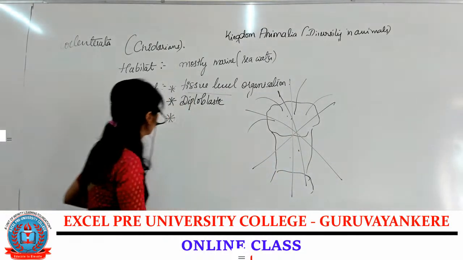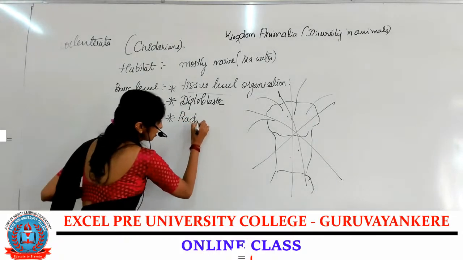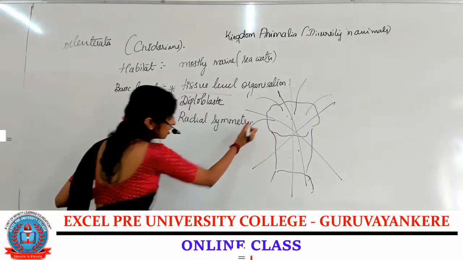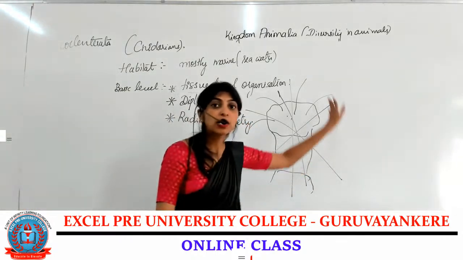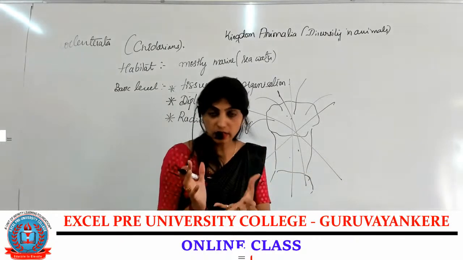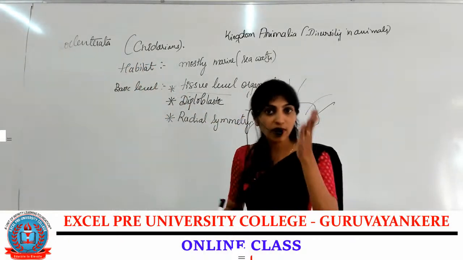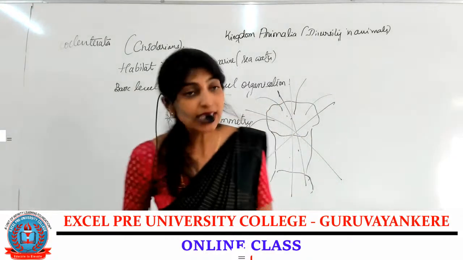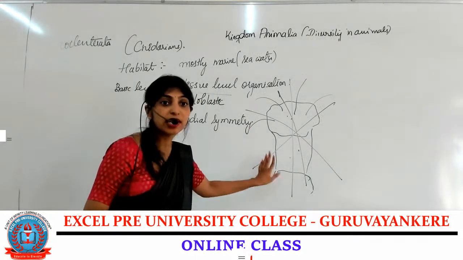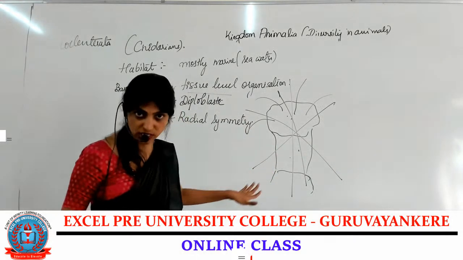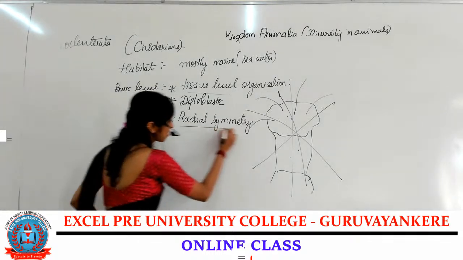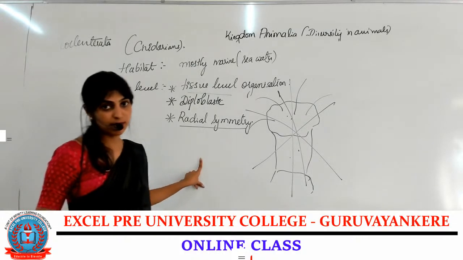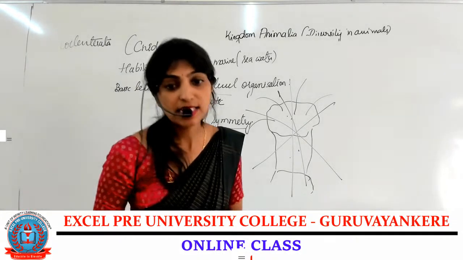It shows radial symmetry. That means the Cnidarians show radial symmetry. If I divide an organism in different planes and get equal halves, that type of symmetry is called radial symmetry, and Cnidarians show radial symmetry.